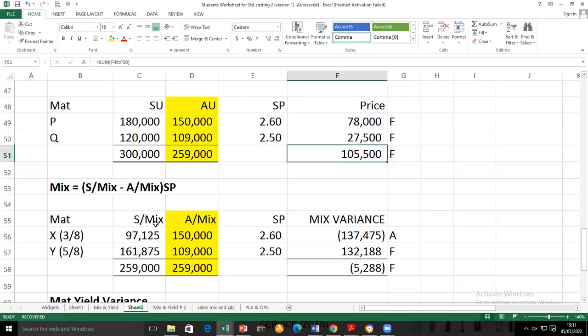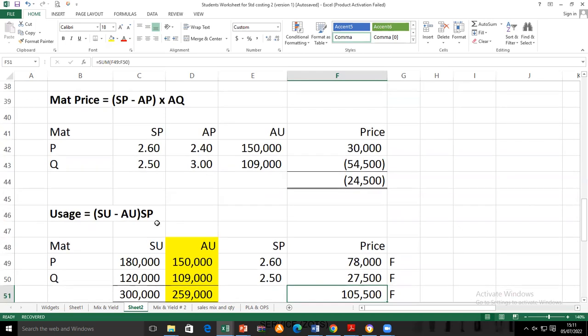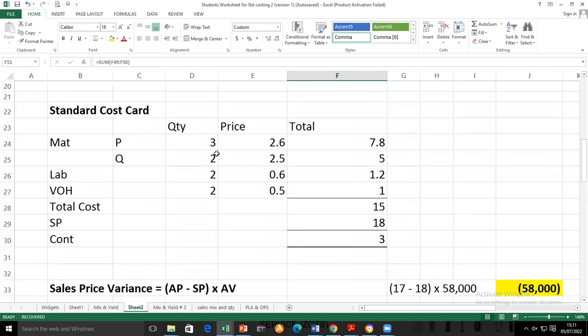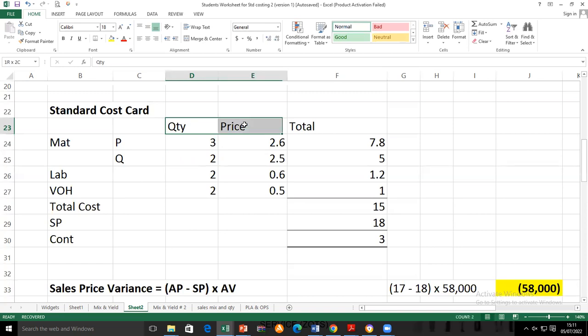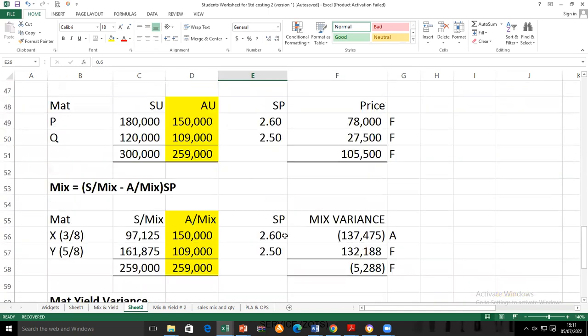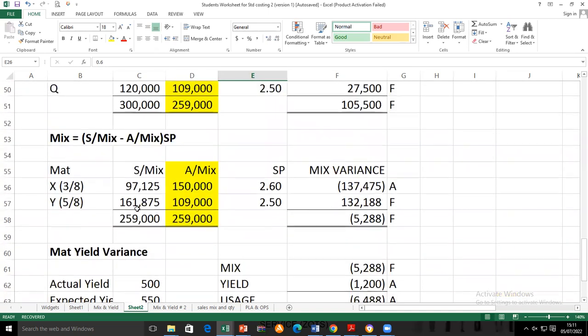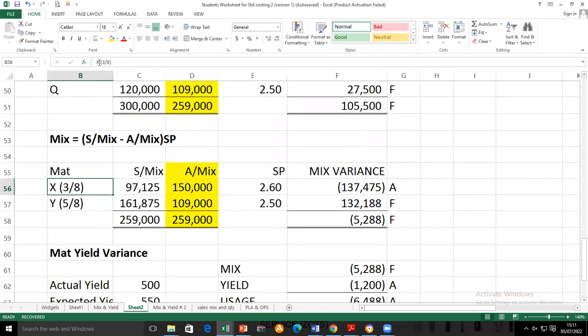Okay. What is the standard? The standard is 3 there and 2 there. Have you all seen the standard? 3 and 2. So that's what we are going to put here. Material P is 3 out of 5.